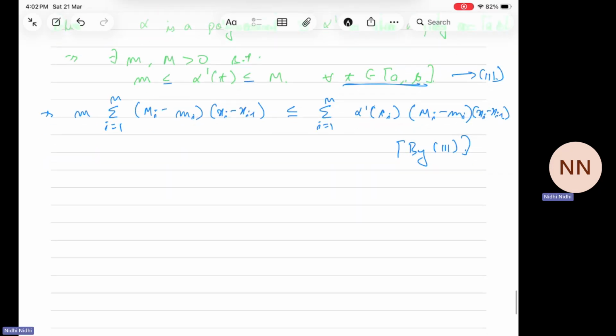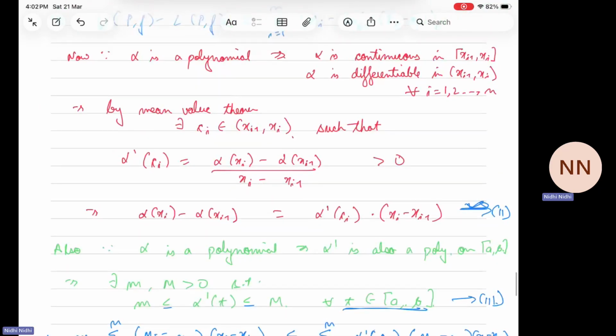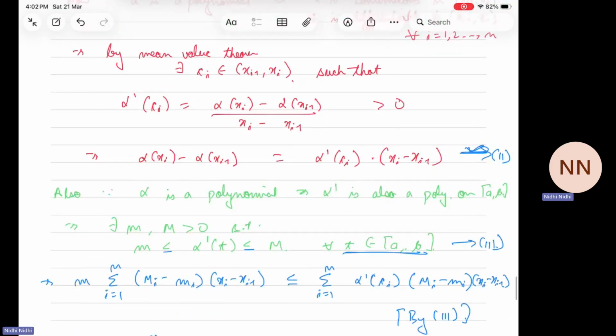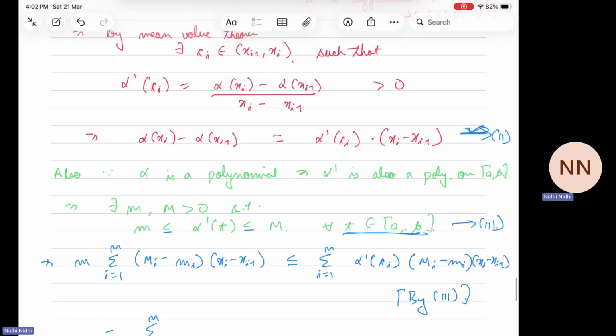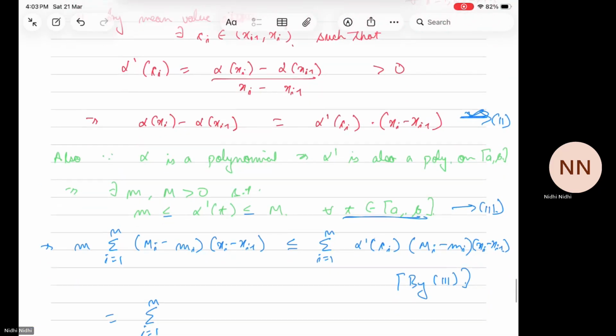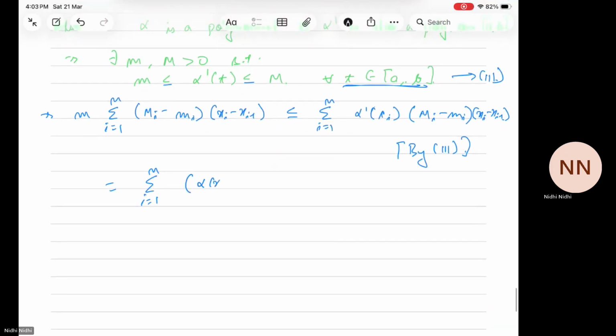Now this is equal to summation i from 1 to n. Now alpha dash c_i is equal to alpha(x_i) minus alpha(x_{i-1}) upon x_i minus x_{i-1}, so this is equal to alpha(x_i) minus alpha(x_{i-1}) upon x_i minus x_{i-1} times (M_i minus m_i)(x_i minus x_{i-1}).